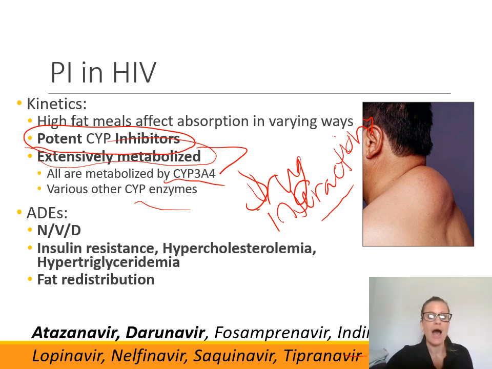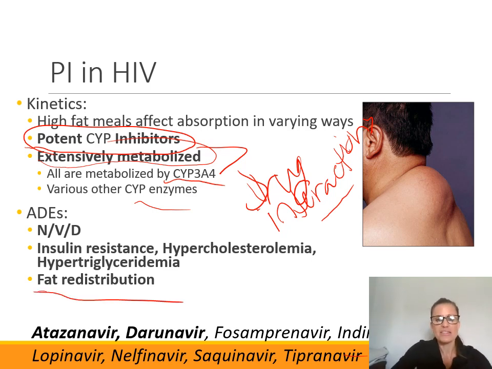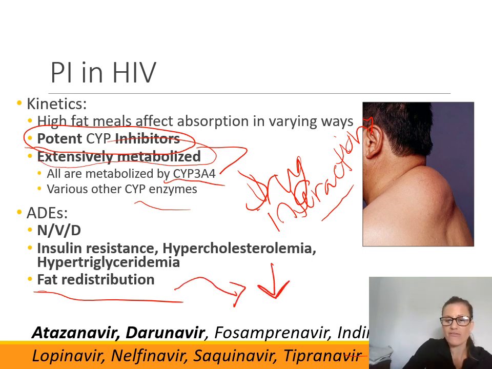Adverse drug effects: nausea, vomiting, and diarrhea are common with all of the agents. Insulin resistance and resultant diabetes are possible. Hypercholesterolemia and hypertriglyceridemia are also possible. Protease inhibitors can cause fat redistribution. So what this redistribution pattern is, you lose fat in the extremities.